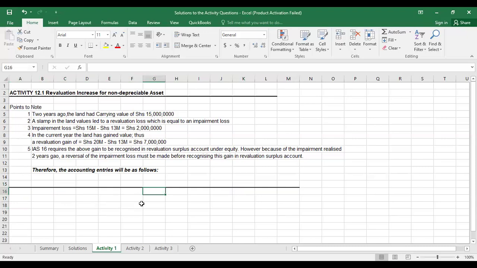We are having our T account, debit and credit, in shillings.